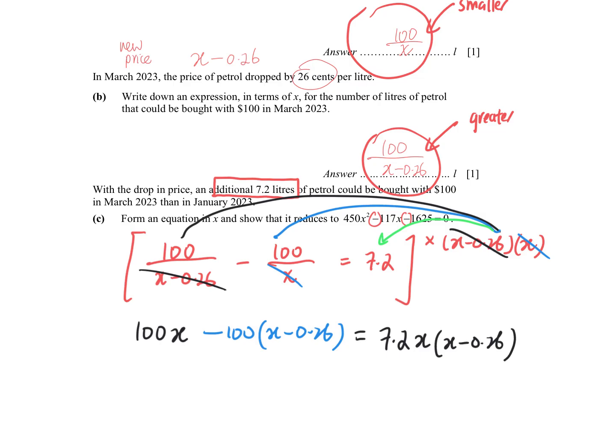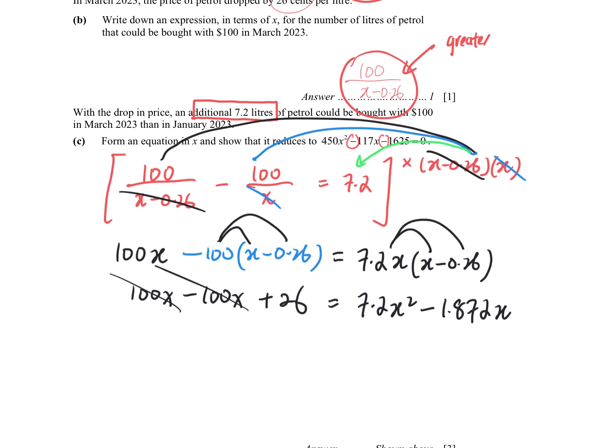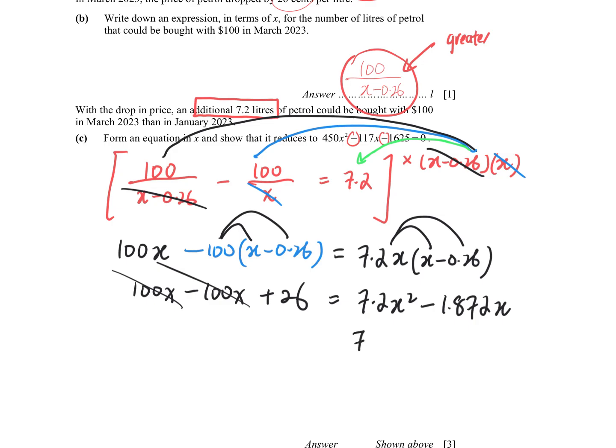So go and expand this out. This one will be gone. The 100x is gone. This one you expand. What will you get here? 26? No, 1.872x. Once you reach a quadratic that looks weird and not like what you want, then you look at the gap.